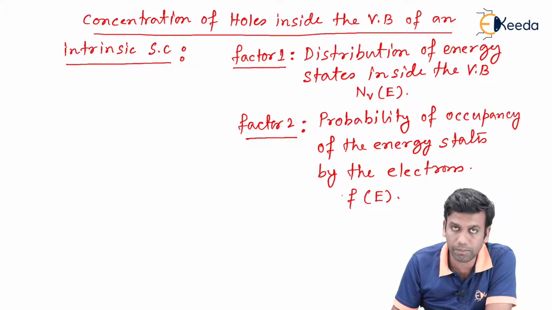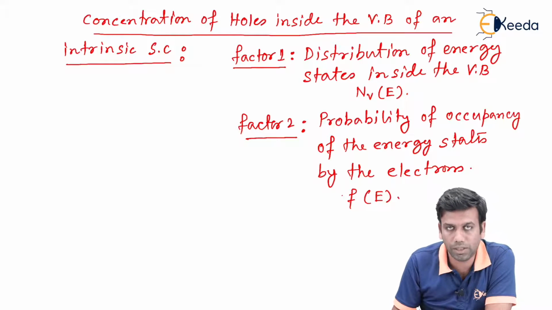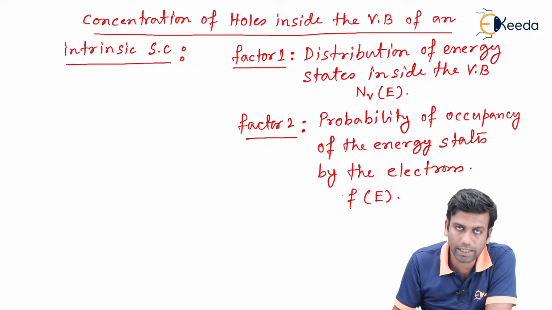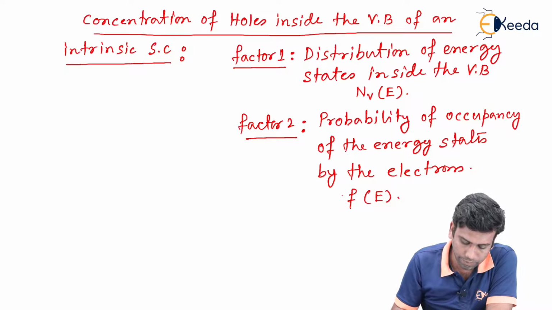This F(E) will determine the probability of finding an electron inside an energy state at any temperature T. So, if we draw the band structure of an intrinsic semiconductor, it will look like this.